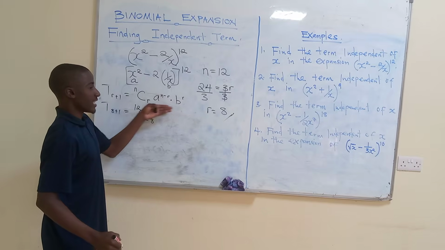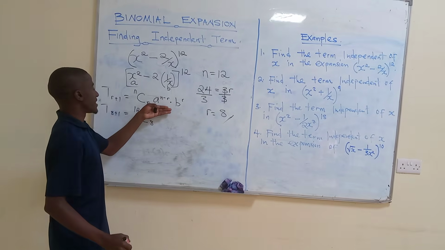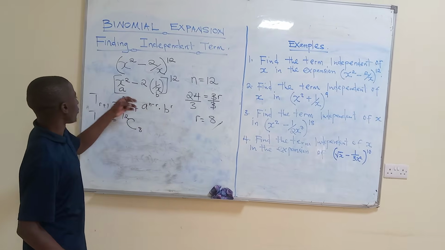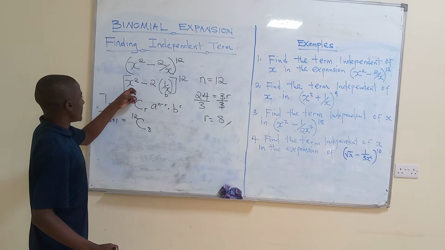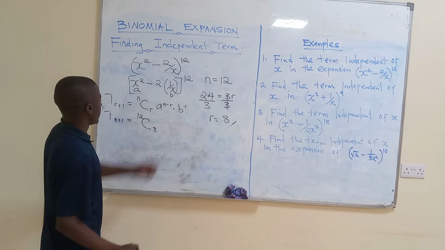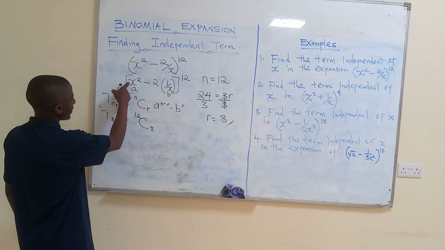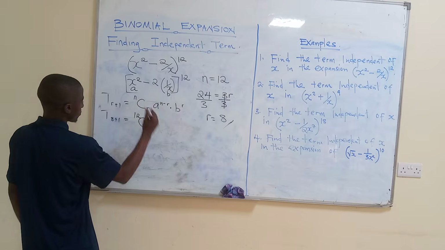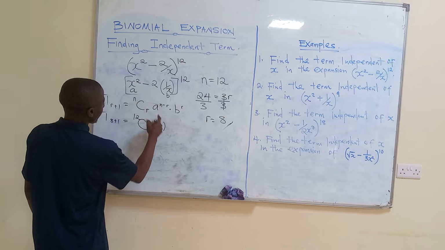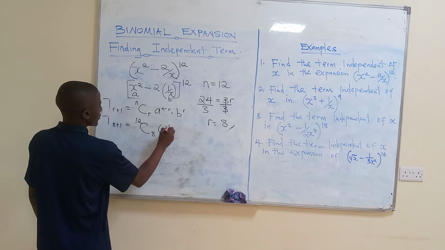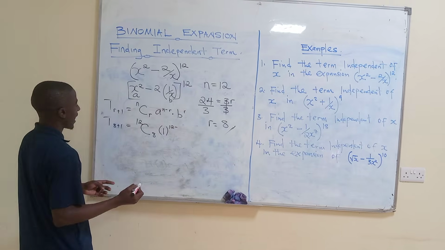So when you're using this kind of formula, you only focus on the coefficient of a and b. The coefficient of a, which is the coefficient of x squared, is 1. So 1 to the power n minus r, that is 12 minus r.